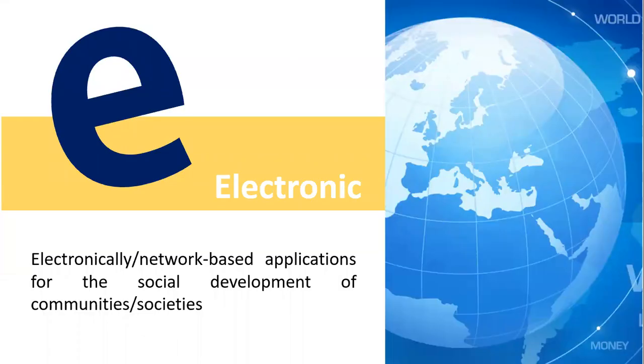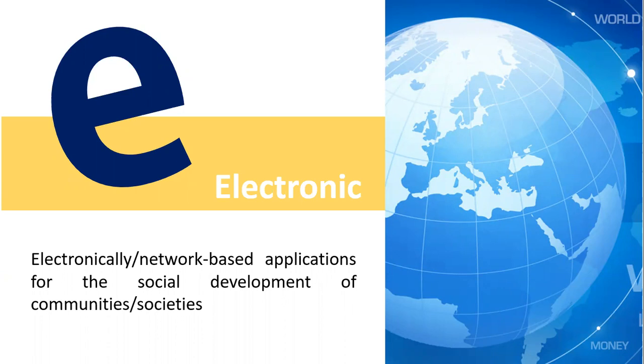So first, e-concept, right? I think you have seen e-marketplace, e-business, e-commerce, e-channeling, e-booking, e-learning, right? There are a lot of things start with E, right? So this E means electronically. The meaning of E is electronically, electronic. So this E concept comes from electronically network-based applications for the social development of communities or societies.